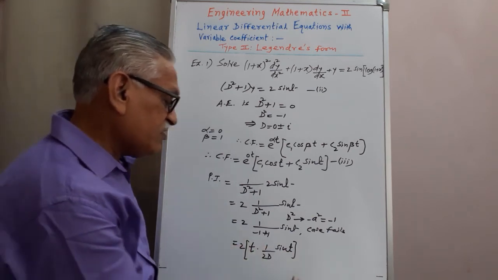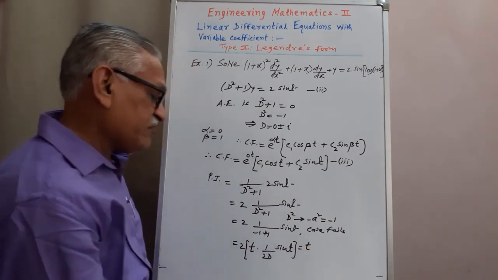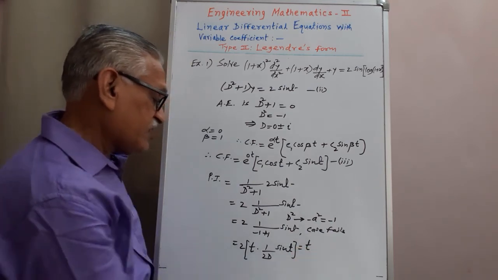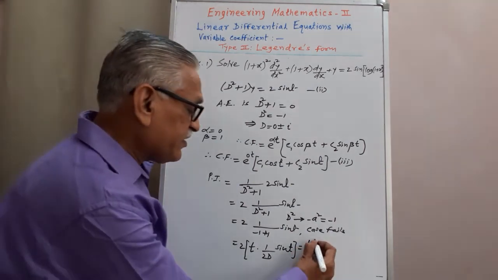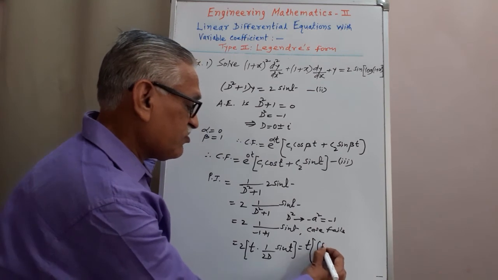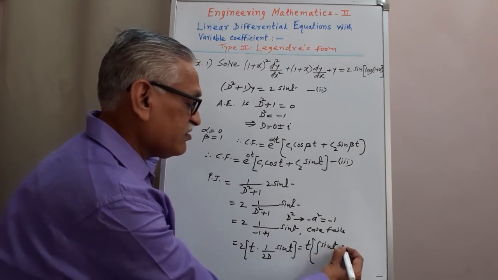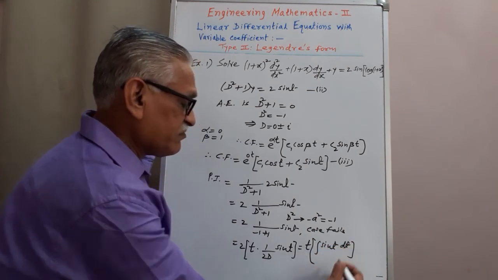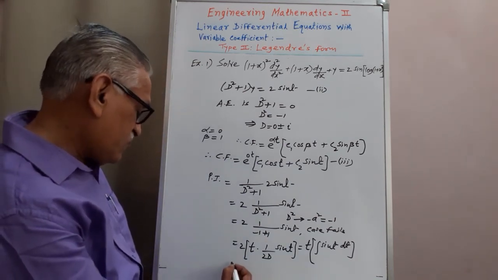This 2 gets cancelled, we get t times 1 by D, which means the integration of sin t with respect to t.